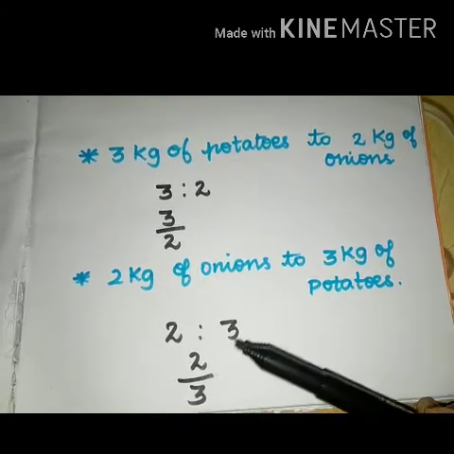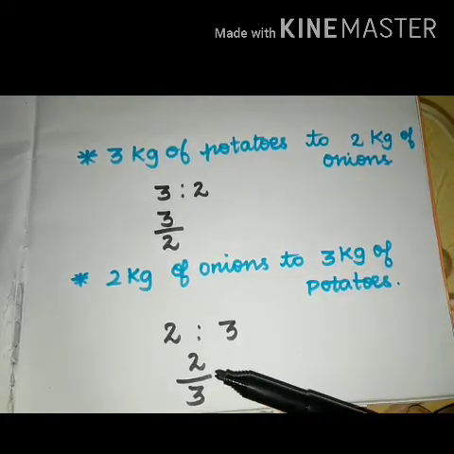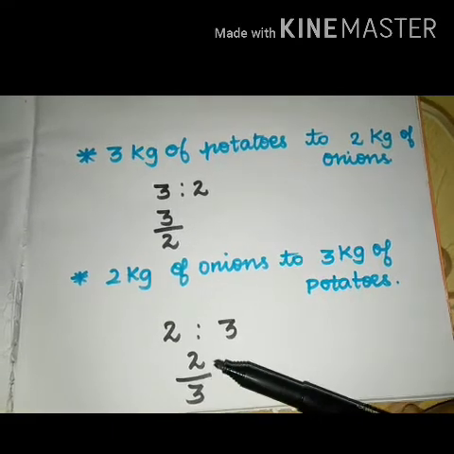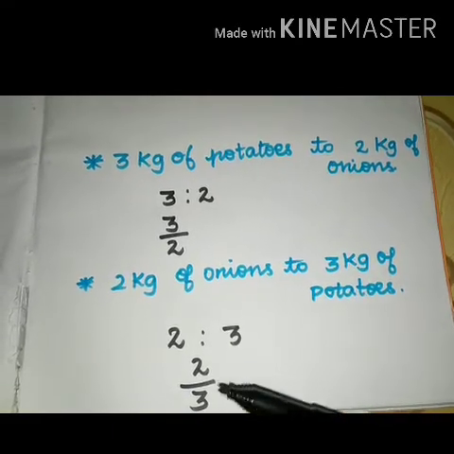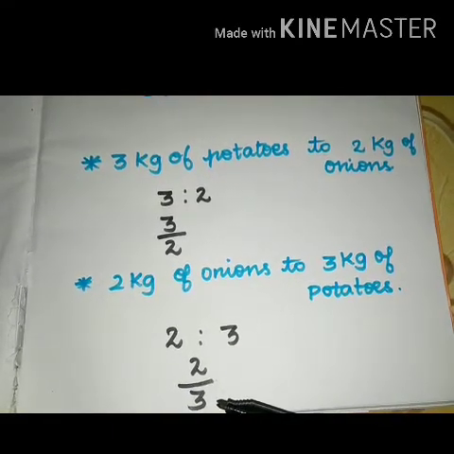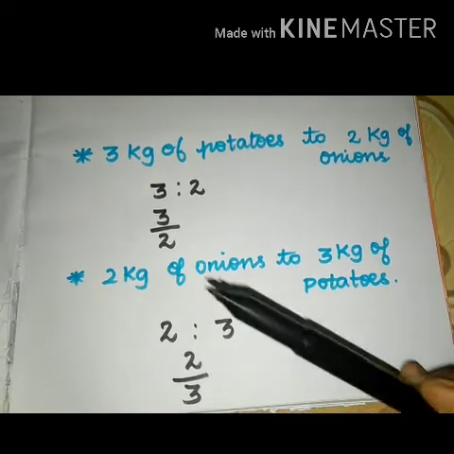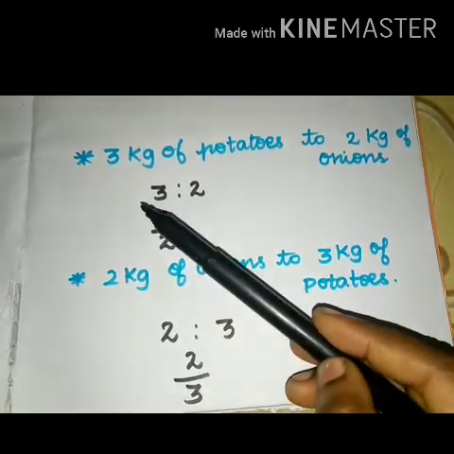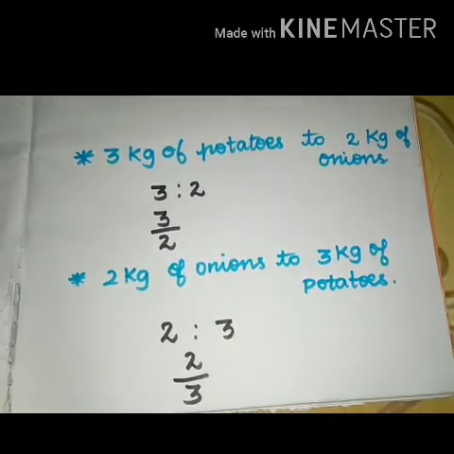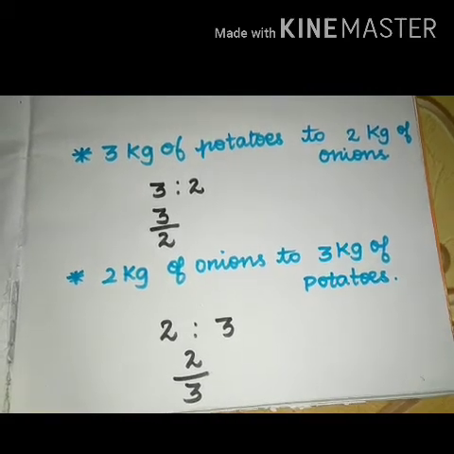Then you have to change into fraction form: 2 by 3, with 2 in the place of numerator and 3 in the place of denominator. You have to write the first given term as the numerator, then the second as the denominator.